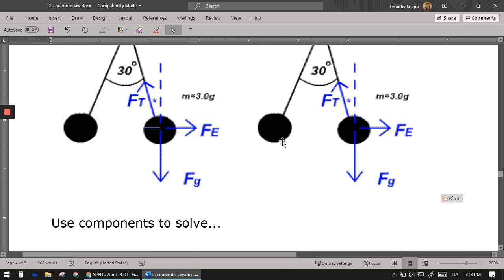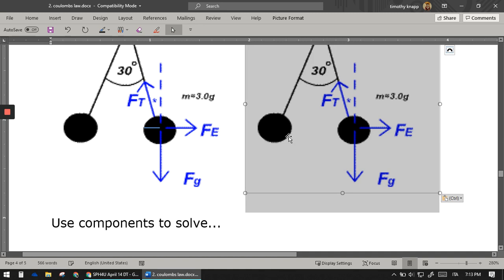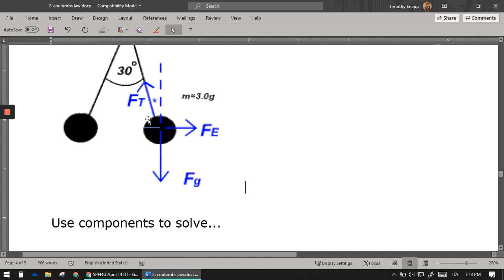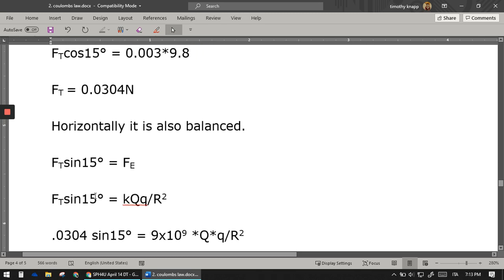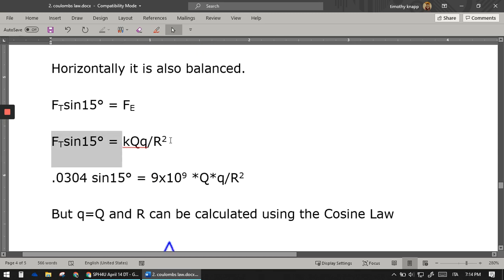So I've got a vertical component and a horizontal component. The horizontal component is equal to Fe. Notice it's opposite of the 15-degree angle. And because it's opposite, they're using the sine. Remember SOHCAHTOA, sine is opposite. And so therefore, the force of tension times sine 15 should equal the electric force.